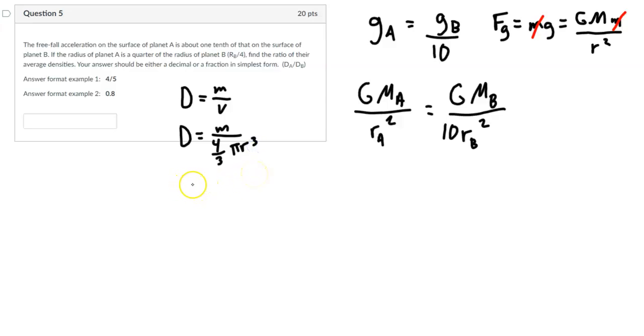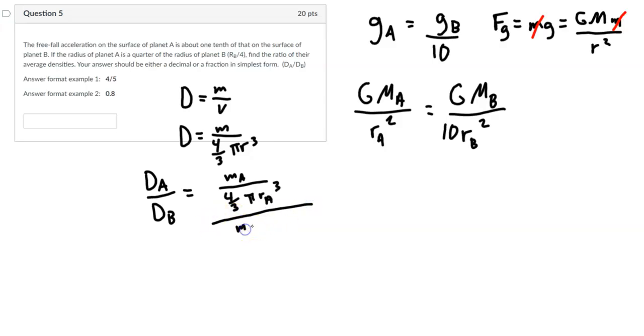And if we're going to do density of A divided by B, that's going to be mass of A divided by 4/3 pi r of A cubed over mass of B divided by, again, 4/3 pi rb cubed.